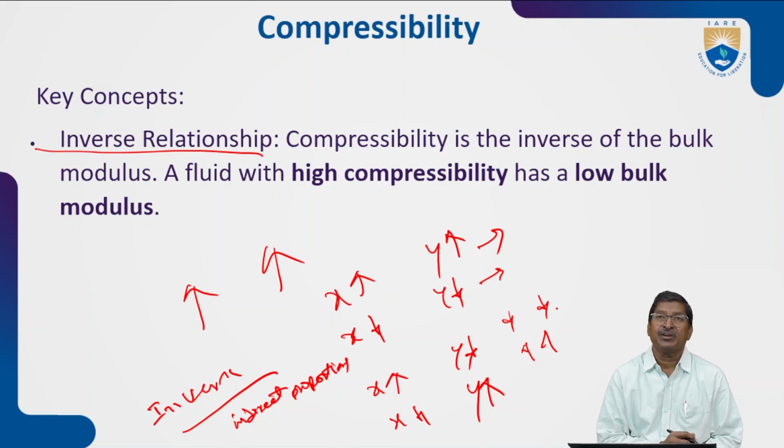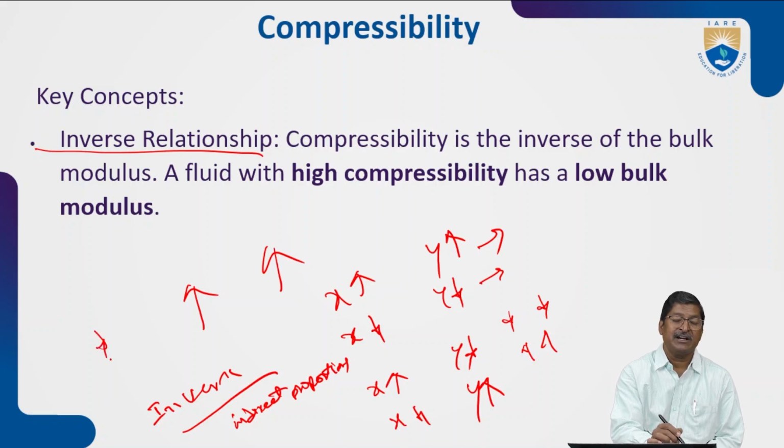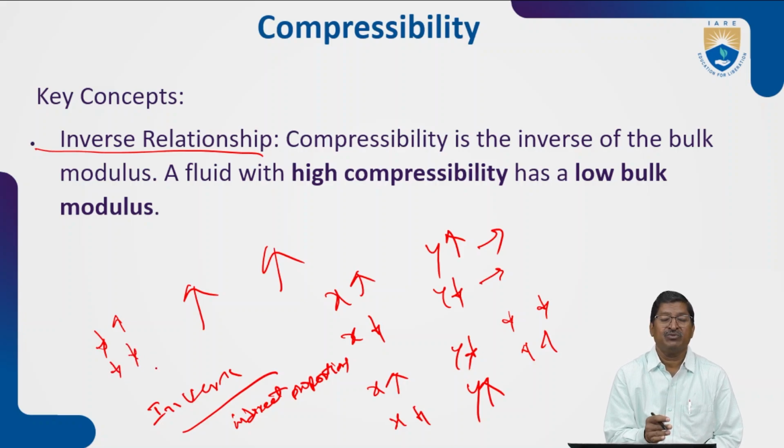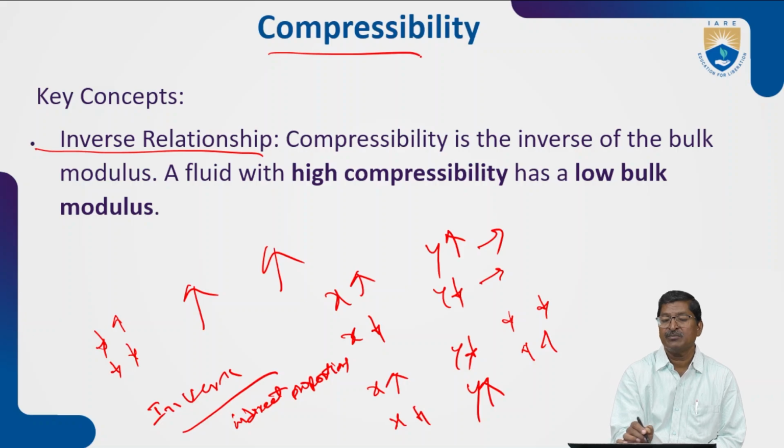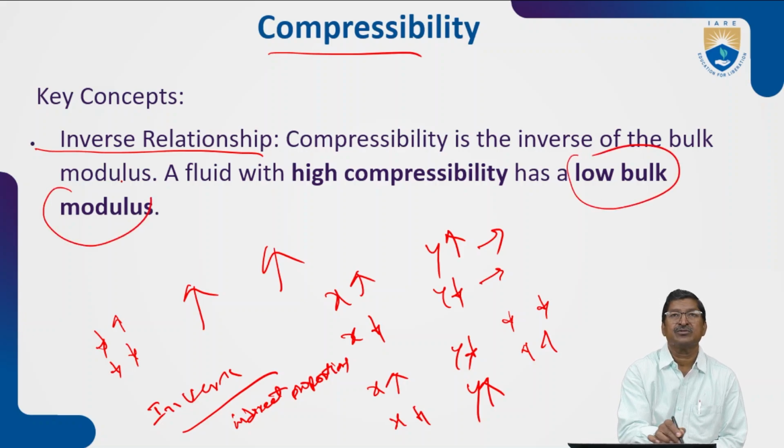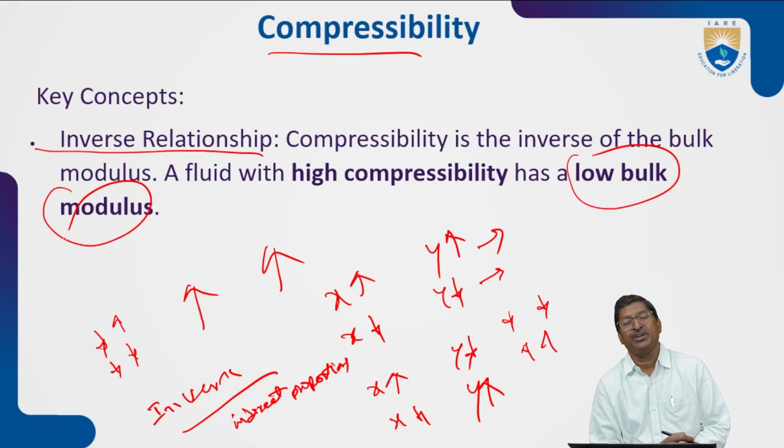Whereas in the movies, take a hero and a villain. If the villain is getting sad, the hero gets happy, or if the villain is getting happy, the hero gets unhappy. So one is rising, one is falling. That is called an inverse relationship. Now, what about compressibility? It is related to the bulk modulus of that particular fluid.